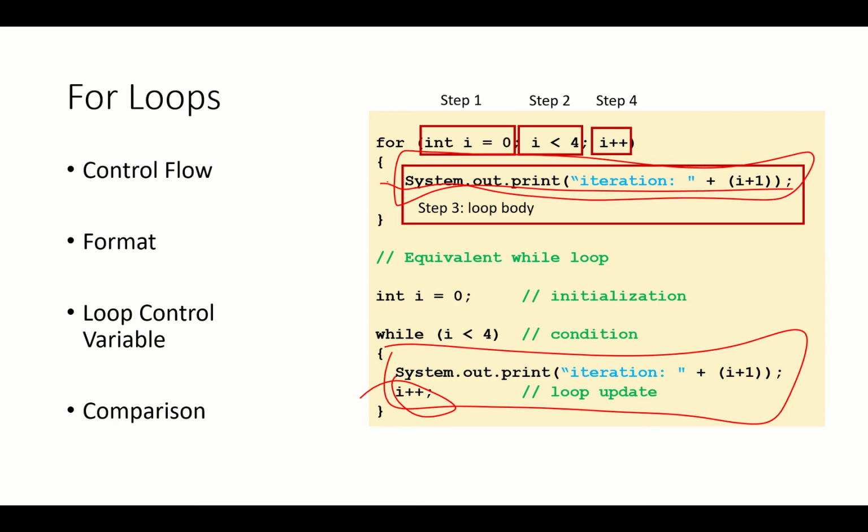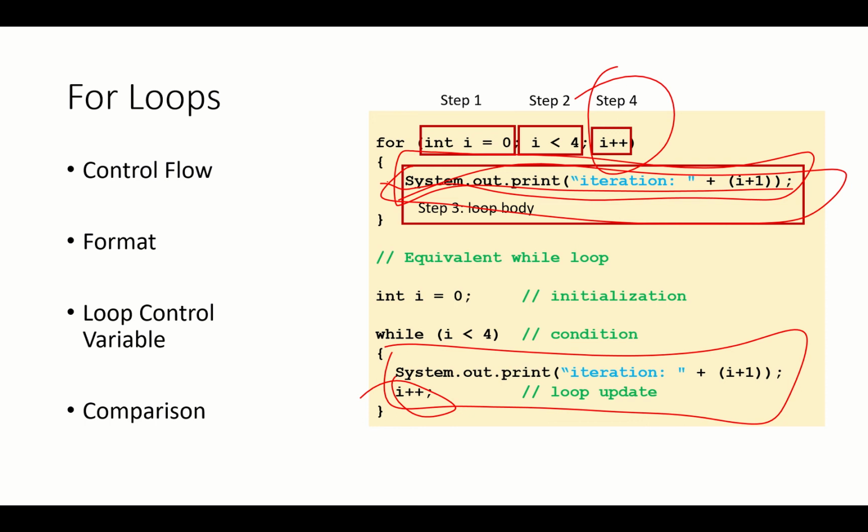In a loop, you don't have to consider how to update the loop. Instead, the for loop helps you to update this loop variable, so you can focus on what loop body you want to put in, what exactly you want to do.